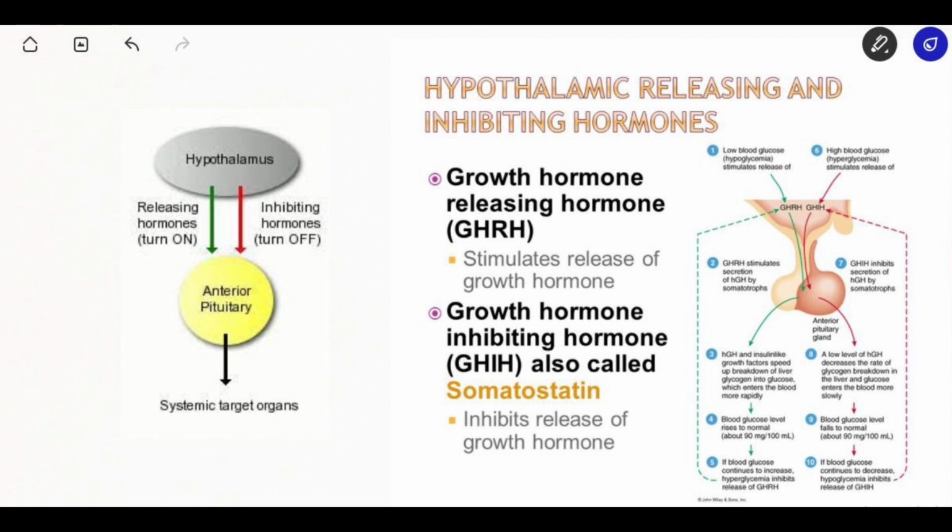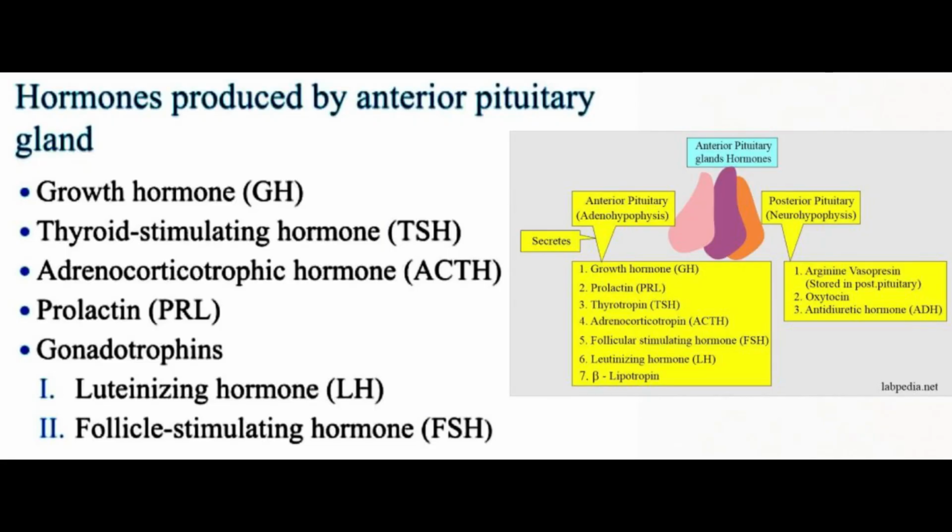The growth hormone releasing polypeptide will stimulate the release of growth hormone releasing hormone and growth hormone, whereas the inhibitory hormone will inhibit the growth hormone. What are the hormones that are secreted by anterior pituitary? Growth hormone, thyroid stimulating hormone, ACTH, FSH, LH, prolactin.